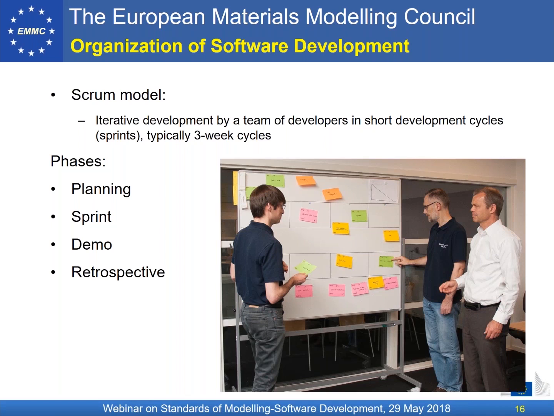This is what you can see in this picture here. Then in the beginning of the 3-week sprint, all these post-its are on the top of the Scrum Board. And then the developers in the team check out a task so that it goes to the next level. And then they will work on it.